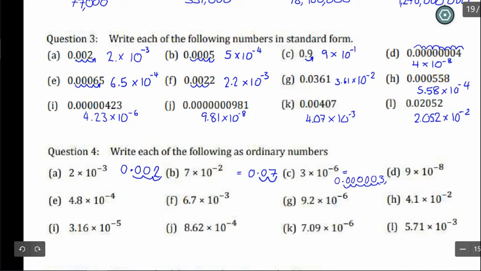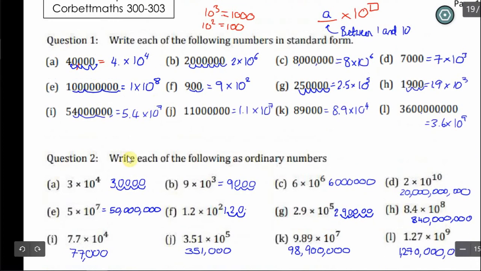Little hint on these ones, little tip. On the negative power ones, the number of zeros we have to add is always equal to the number in the power. It's not always the case with the positive power ones. As you can see, for this one, I've got 6 zeros on this number here, 54 million. But my power is 7.